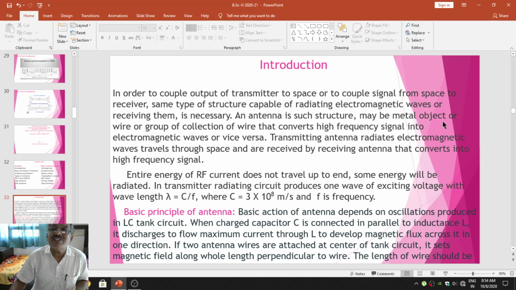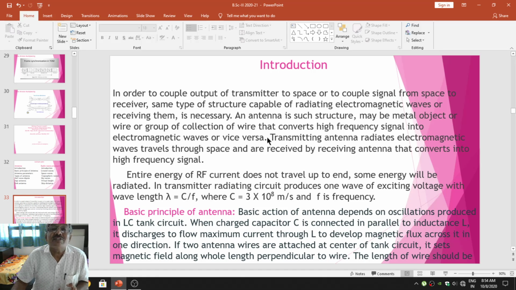It may be a metal object, or a wire or a group of wires, that converts a high frequency signal into electromagnetic waves or vice versa. For a broad understanding, we can say an antenna is any metal object, a conducting wire, or a group of wires that converts the RF signal into electromagnetic radiation and also electromagnetic waves into the RF signal.